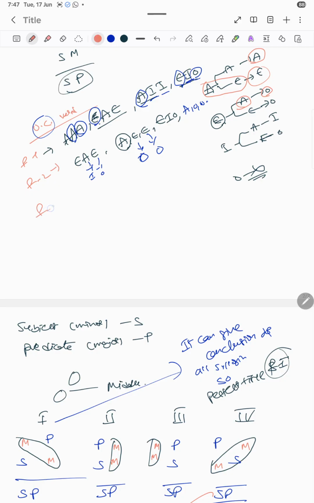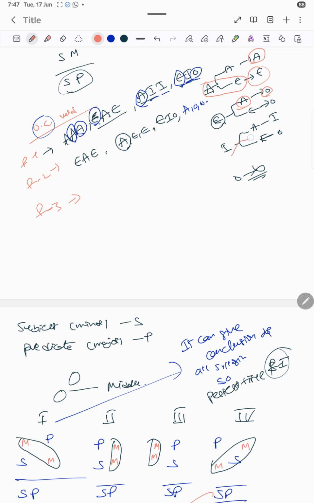Now let us go for figure 3. So these are the valid things, unconditionally valid. Now there is something called conditionally valid also, that we will see. So in figure 3, I have already said it is particular positive conclusions, right? Now let us see particular positive conclusions.